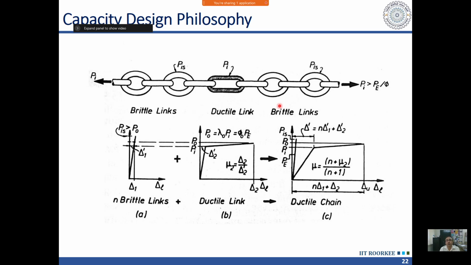I don't want the failure to occur there, because if the failure occurs in those elements, the failure is going to be brittle. Now how can we achieve this? With this chain analogy, we can easily figure out the method. What do I have to do? I have to make all those elements which are undesirable for failure stronger than the ductile members.